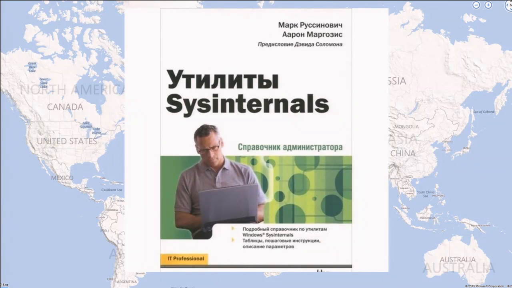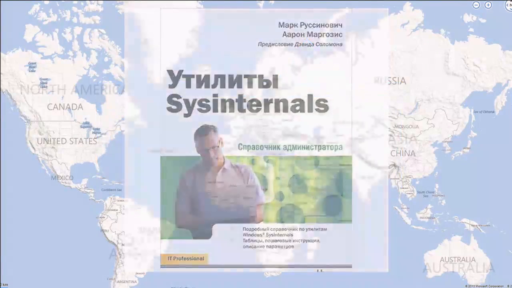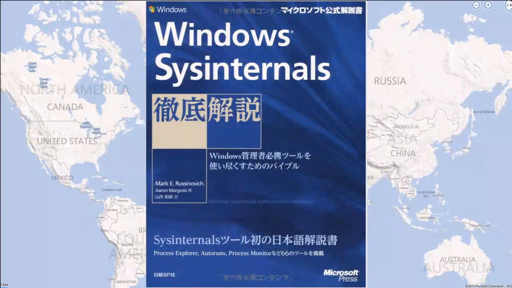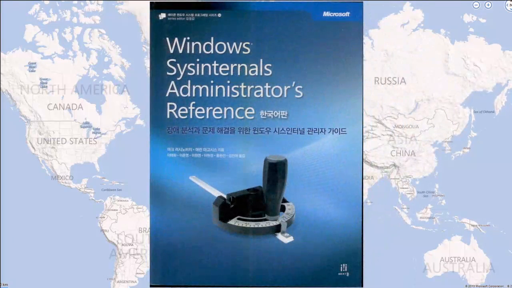If you're interested, someone published a Russian language version of this, and you can tell that it did not go through the Mark Russinovich approval process because our names are in the same font size. The Japanese, he was much more okay with. They got the font size right, so Mark, he's very happy. This one drove him bananas.